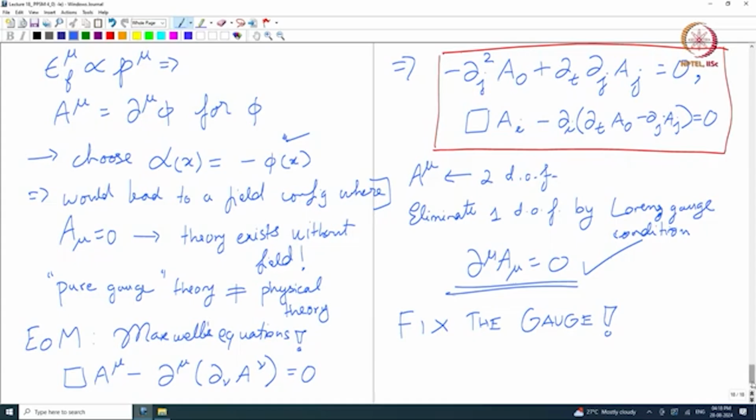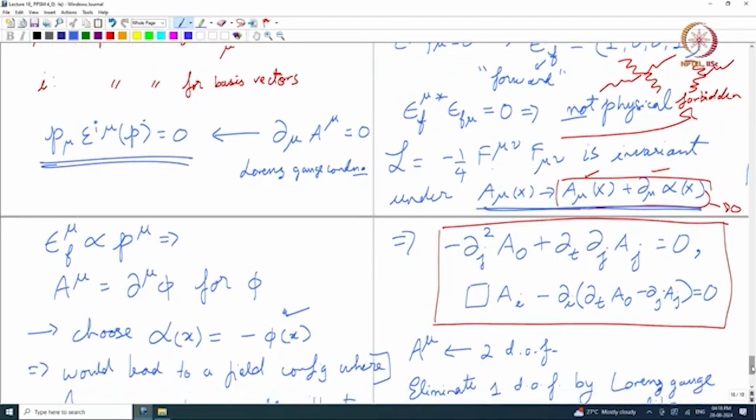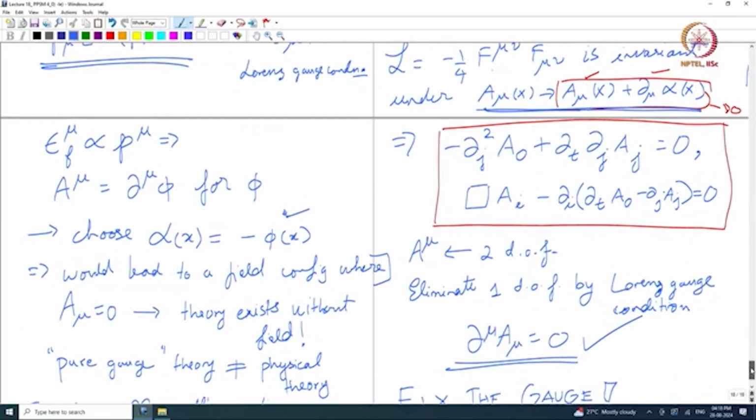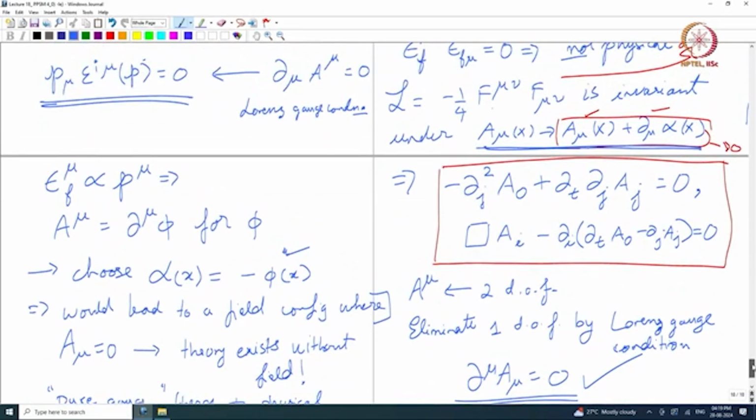Now, if I were to work in only one gauge, I do not have the freedom anymore to move my alpha x wherever I want, but if I were to go to one particular gauge and then write down the Lagrangian equation of motion only for that gauge, would you agree that one more degree of freedom in A will get eliminated? Of course it will, correct?